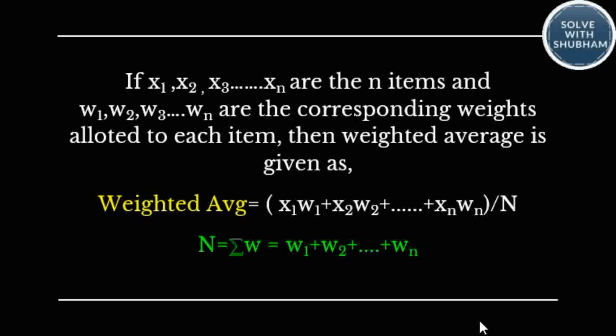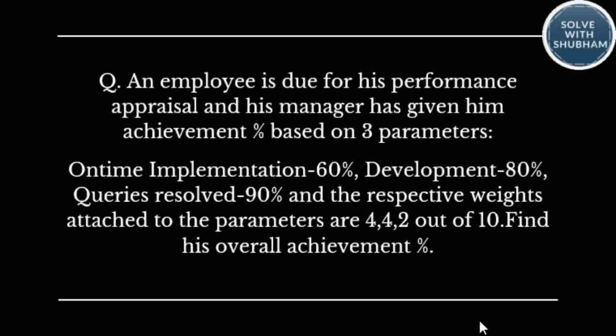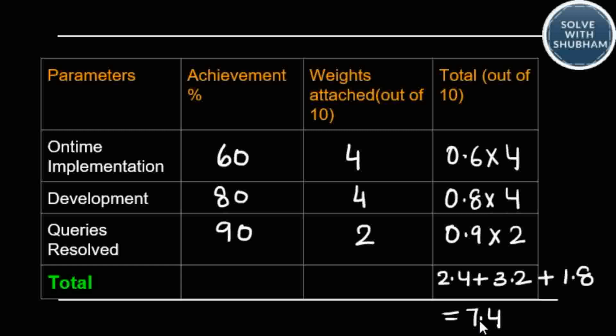Let us have a look at the formula. The weighted average is summation divided by n. N is your summation of weights. So here the weights are 4, 4, 2 out of 10, so it is 10. So this would be 7.4 out of 10 into 100.